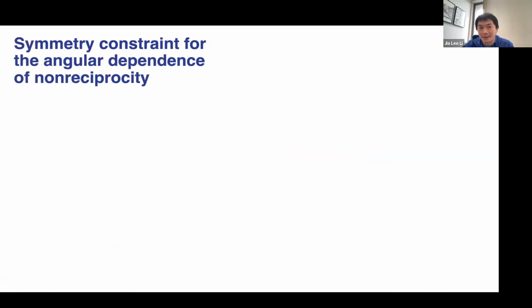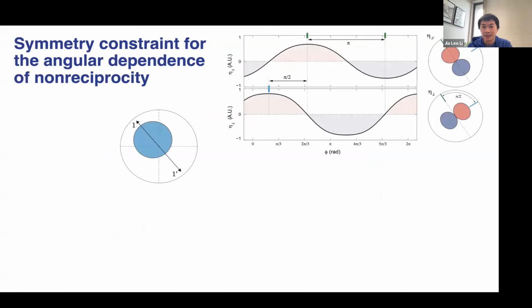And the angular dependence is actually fairly straightforward to understand by considering the symmetry constraint, right? So for the first case, because there's only one mirror axis, the angular dependence should have a periodicity of 2 pi. And the longitudinal and transverse channels should have a phase shift of pi over 2, just because along the mirror axis, the transverse response should go to 0, right?